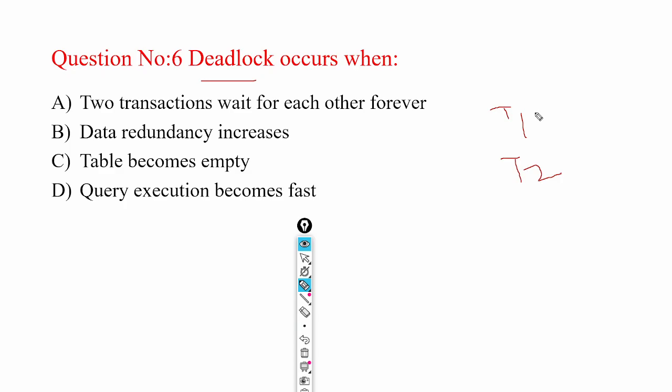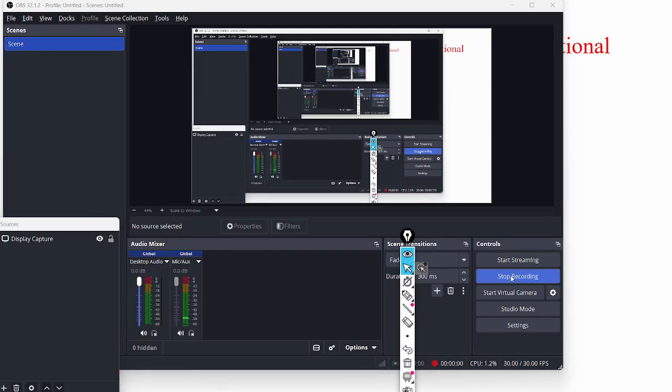T1 holds resource A and waits for resource B. T2 holds resource B and waits for resource A. T1 is waiting for B and T2 is waiting for A. Only if T1 releases A will it be available to T2, and only if T2 releases B will it be available to T1.